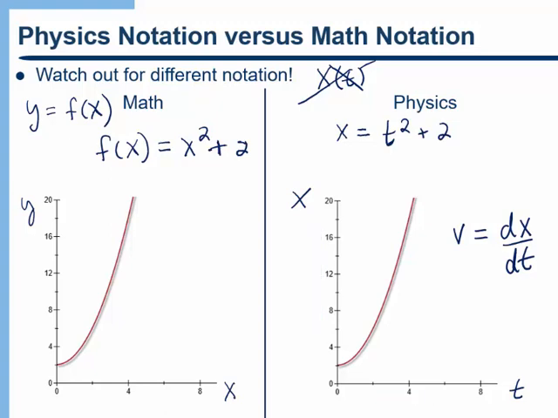When you learn about the derivative in math, though, the way you're going to write it is dy dx, simply because now y is the vertical axis and x is the horizontal axis. And x is your independent variable, whereas in physics, t is our independent variable. So just be aware of that. Obviously it's the same stuff we're talking about, but the notation can sometimes be confusing.